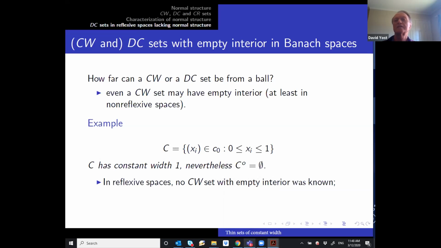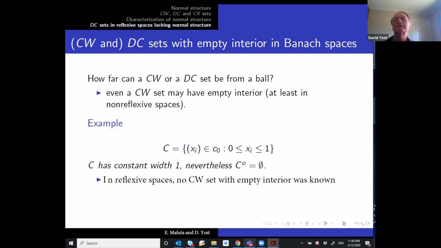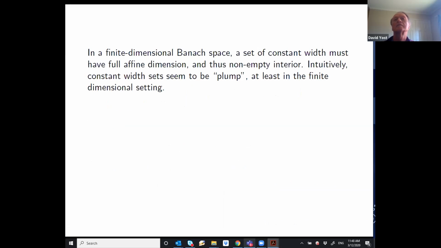In reflexive spaces, it's been an open problem for a while, finding a constant width set with empty interior, but we have some examples. I'll discuss them shortly. In a finite dimensional space, this doesn't happen. A set of constant width must be full dimension. You take its affine hull, you must get the whole space. And if that's true, then it must have non-empty interior.